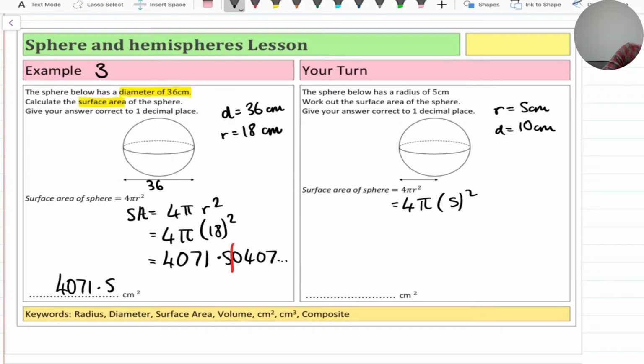So let's work that out, which is 5 squared times 4 times pi, which is equal to, as everybody's put, 314.2 centimetres squared. Brilliant. I've just rounded that straight with the calculator.